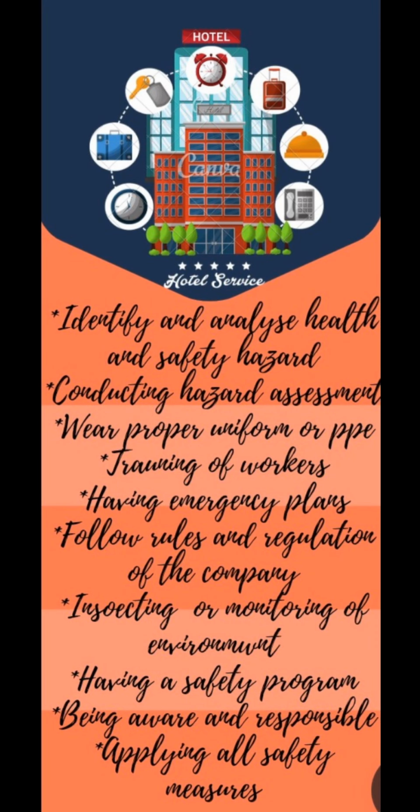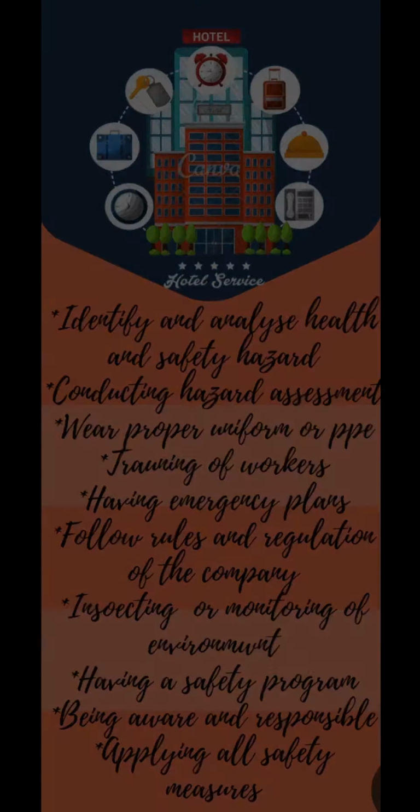So, to sum up the ways on how to eliminate the hazard and risk in the hospitality industry, it includes identifying and analyzing health and safety hazard, conducting hazard assessment, wearing a proper uniform or PPE, training of workers, having emergency plans, following rules and regulations, inspecting or monitoring the environment, having a safety program, being aware and responsible, and last is to apply all safety measures.